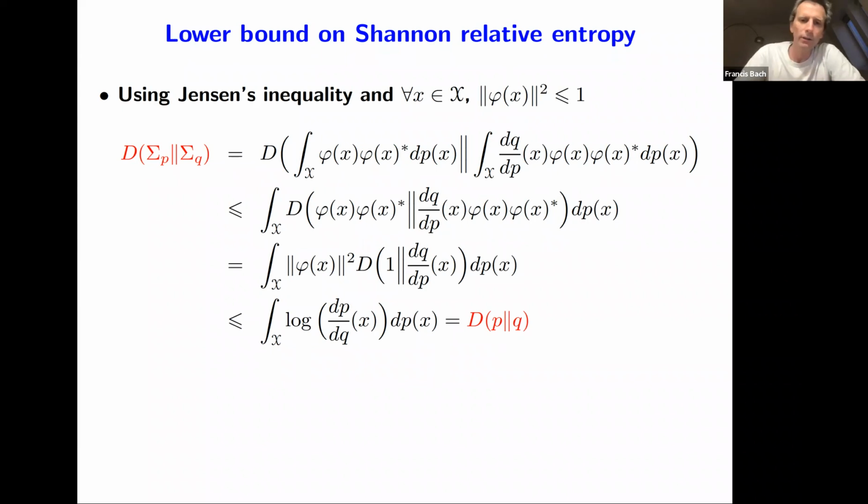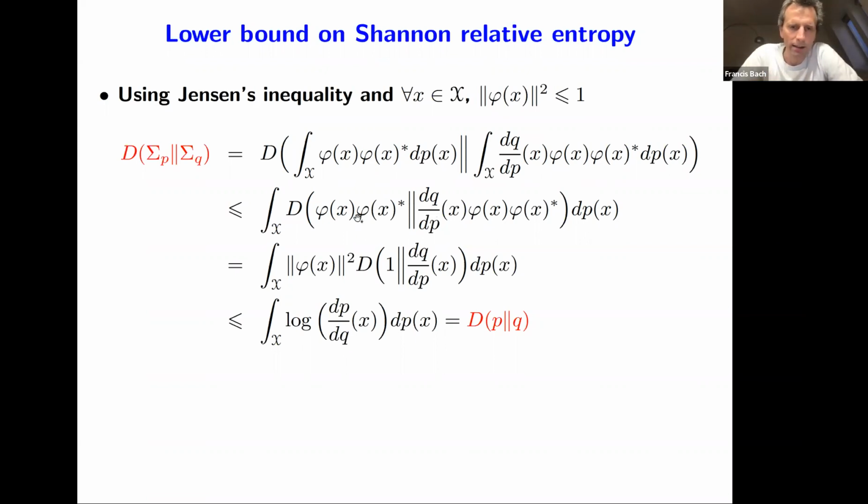So now what you have is the function d of the integral of a quantity over p, and an integral of another quantity over p. Since d is jointly convex, you can use Jensen's inequality and take the integral over p of x of the distance between what's here and what's here. And so what's here you get that, and what's here you get this. So this is just Jensen's inequality.